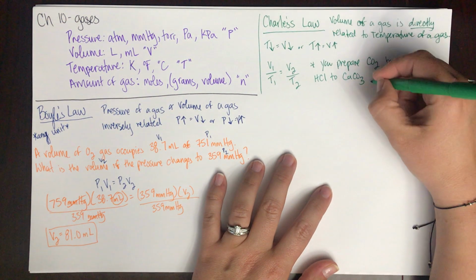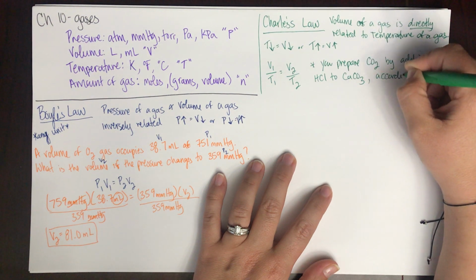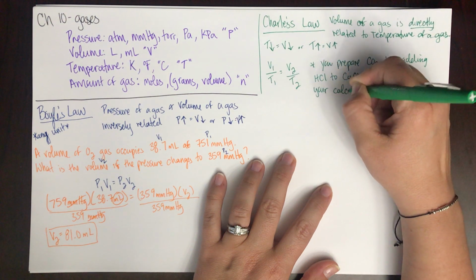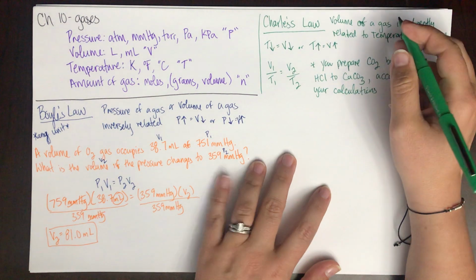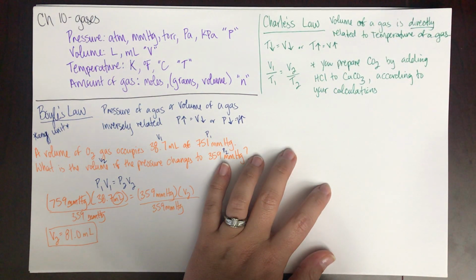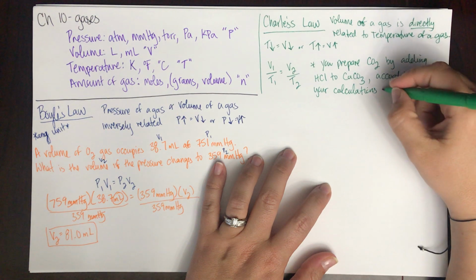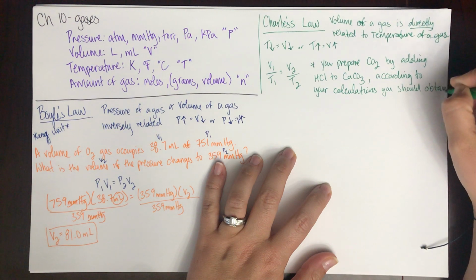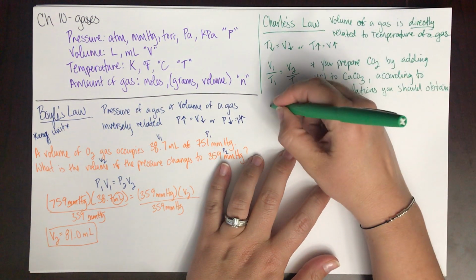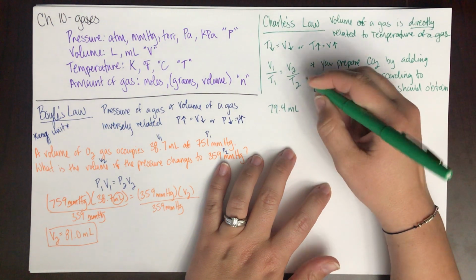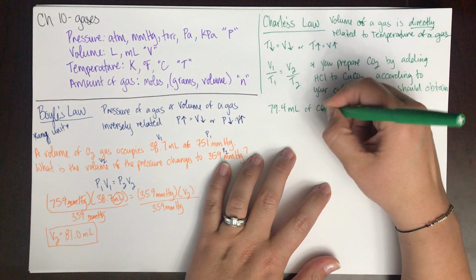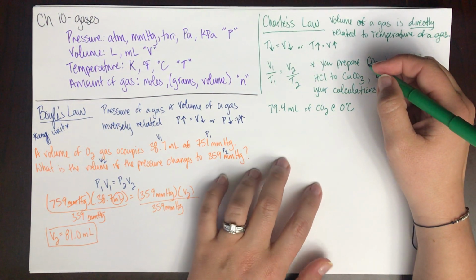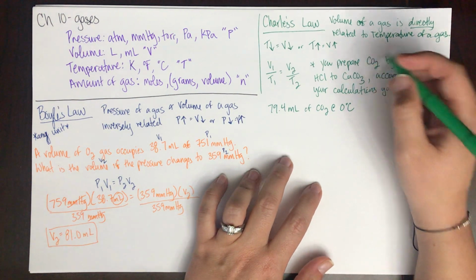According to your calculations, you should obtain 79.4 milliliters of CO2 at 0 degrees Celsius. How many milliliters of gas would you obtain at 27 degrees Celsius?